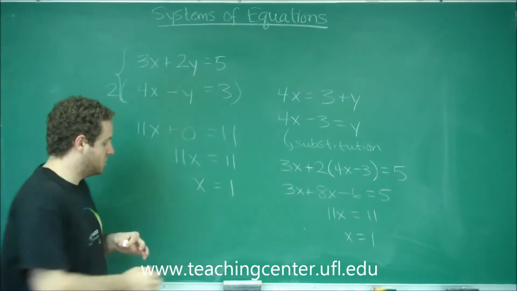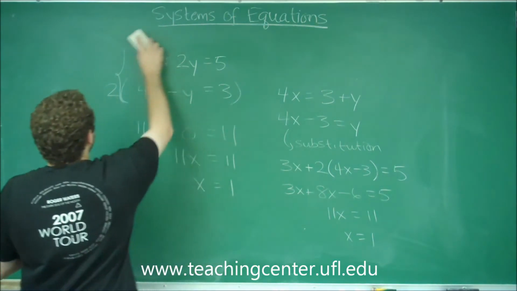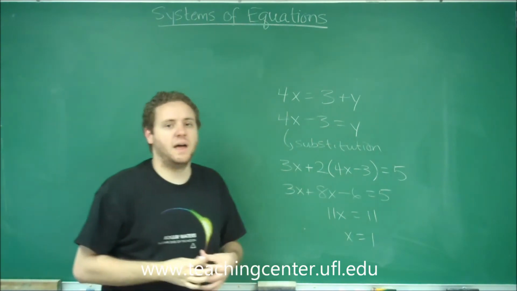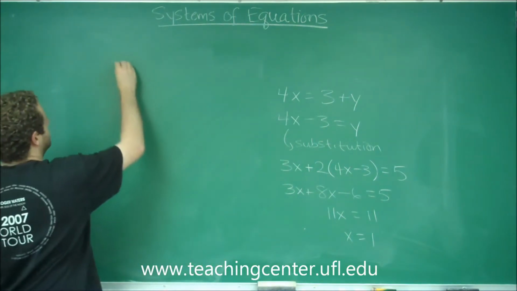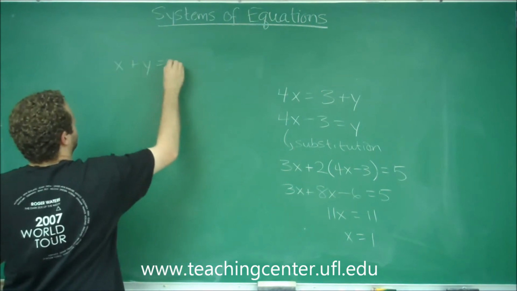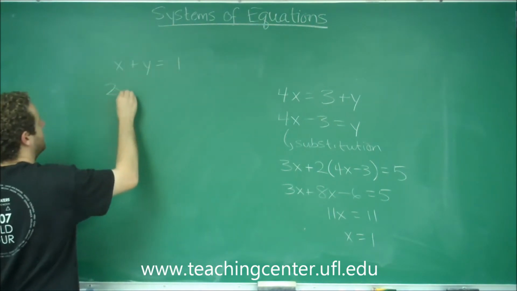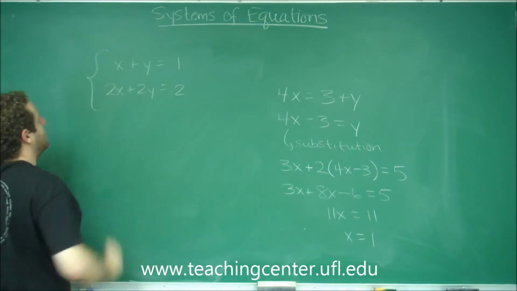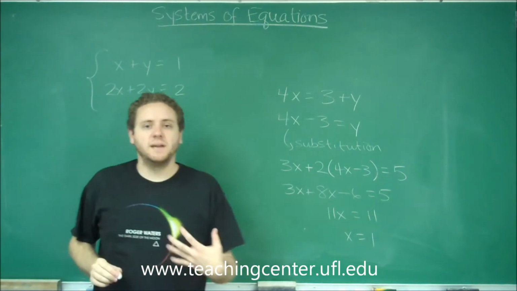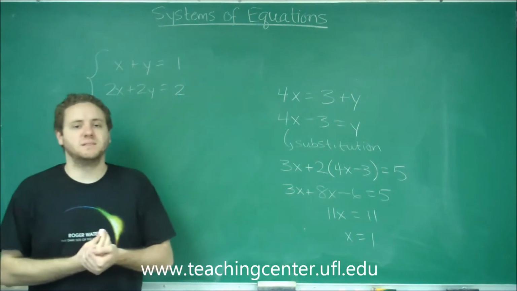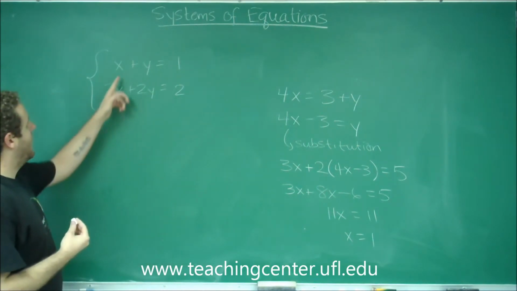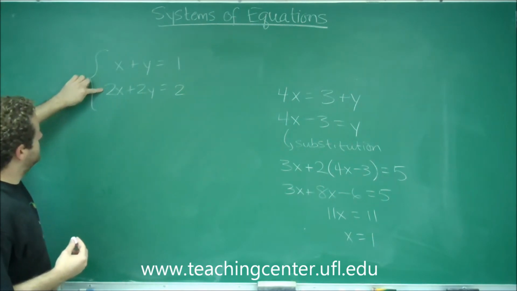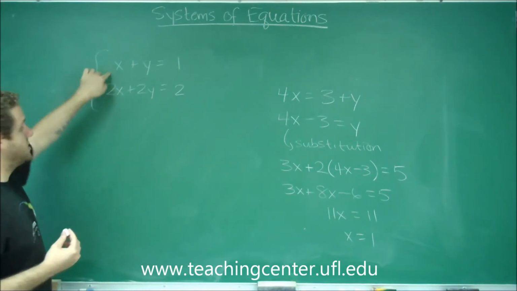Now there are a couple of special cases. It's very possible that you get a system of equations that looks something like this. Instead of trying to do our methods, let's look at this first and see what it's really saying. x plus y equals 1, 2x plus 2y equals 2. If you notice, this second equation is just a multiple of the first one.